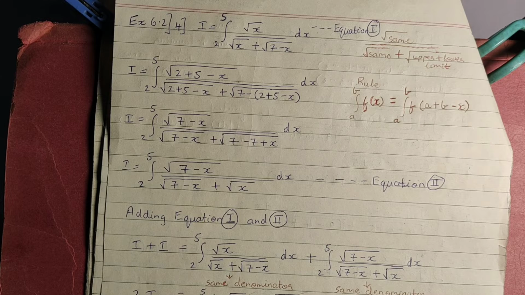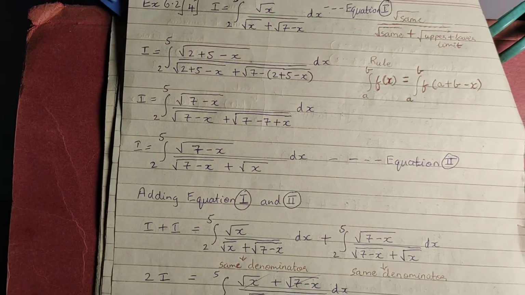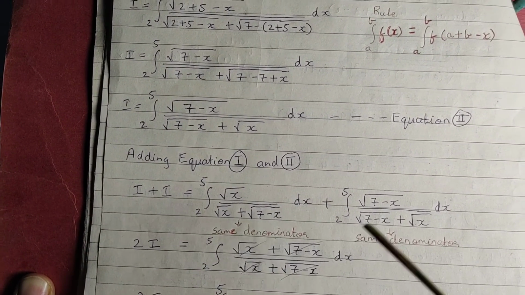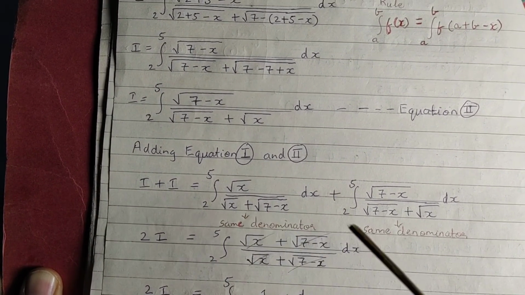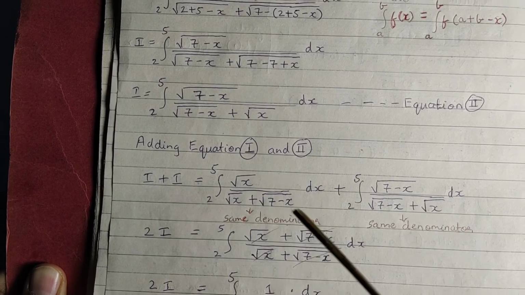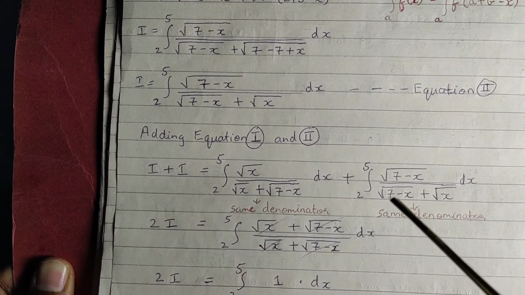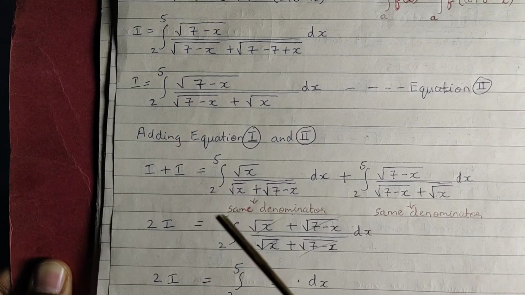Once you add the equations, this is equation number 2 and equation number 1 is our question itself. Once you add them, you will get the denominators, and you can see it is one and the same. If it's a plus b or b plus a, it is one and the same.